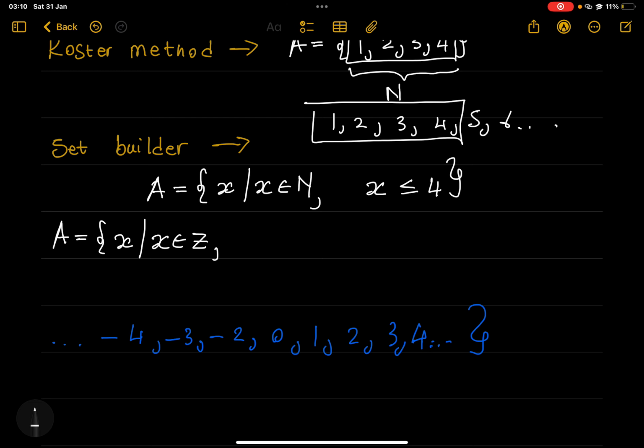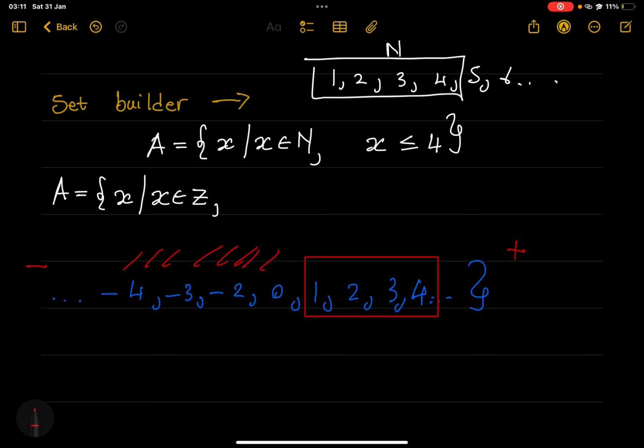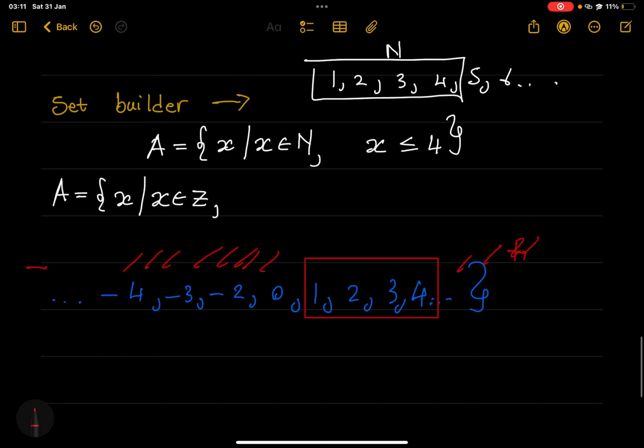So you must be specific with whatever they give you. Integers start from negative and go to positive. But checking at my set, I must be specific. The numbers that they want are these ones, and I excluded the others. I only took those ones.